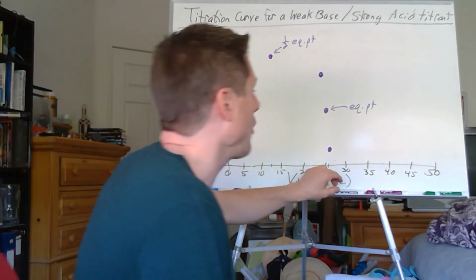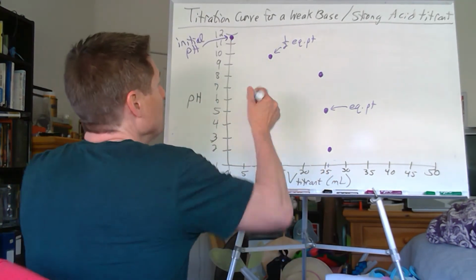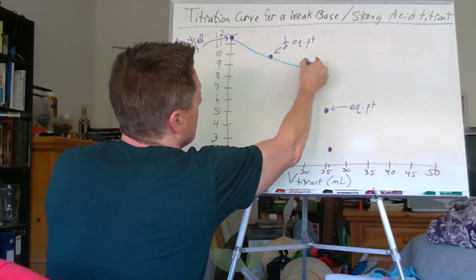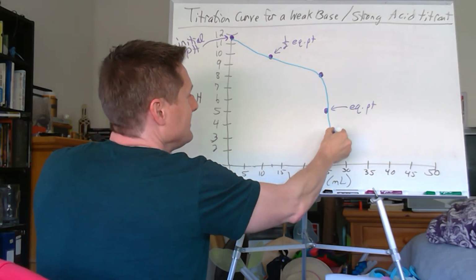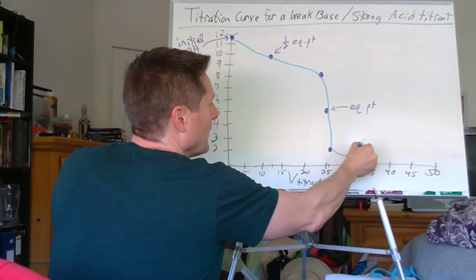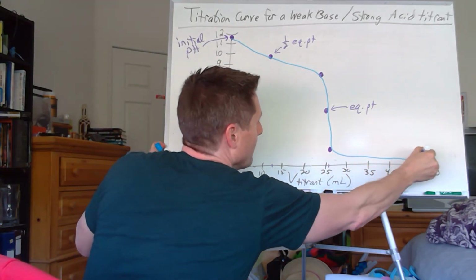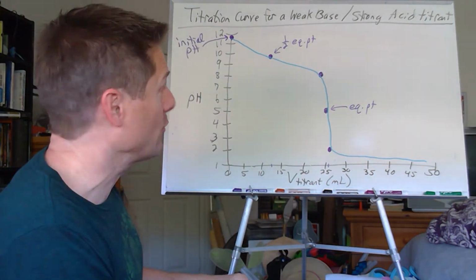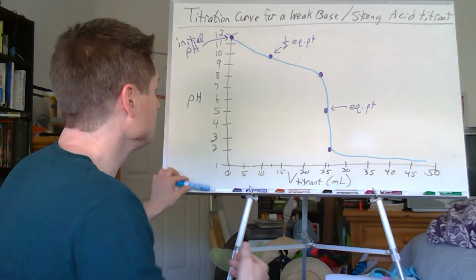So now let's just draw our curve. We've got the buffer region here. It drops, hits that buffer, hits that steep drop, and then it just tails off as we go. You can see that steep region right around that equivalence point. That's characteristic for all of them.